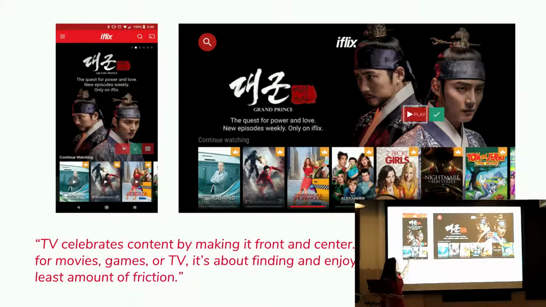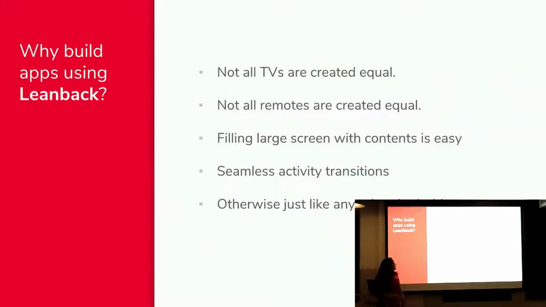Even when you use the mobile app, you use a swipe, whereas in this one, your left and right arrows come into the picture. So that's where I feel that when designing a TV app, it is very, very important to think about the way the user is going to behave on it.